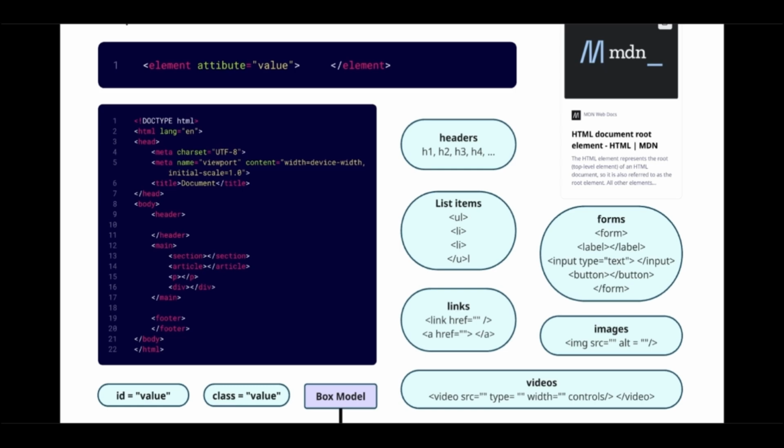Other things you can look at are headers. H1 through H6 are different levels of headings. Each page can have one and only one header. Then other common items or elements that are used are unordered lists and then list items. So that'll create essentially a bulleted type list on your website. Links can be used.